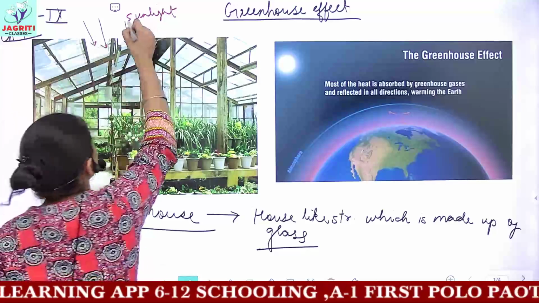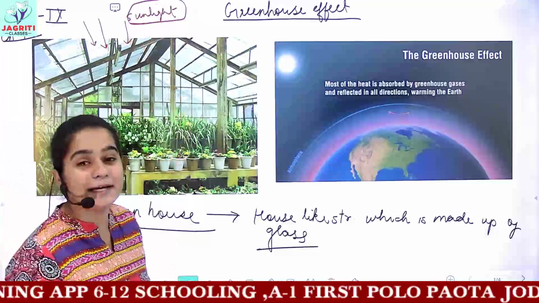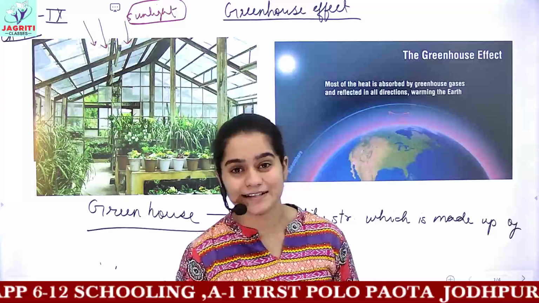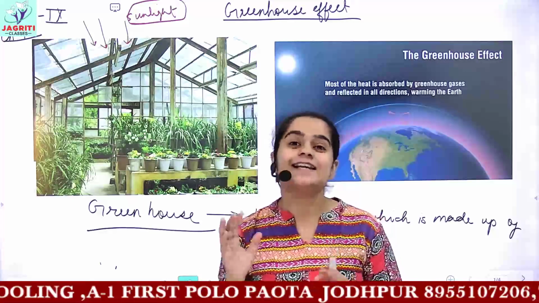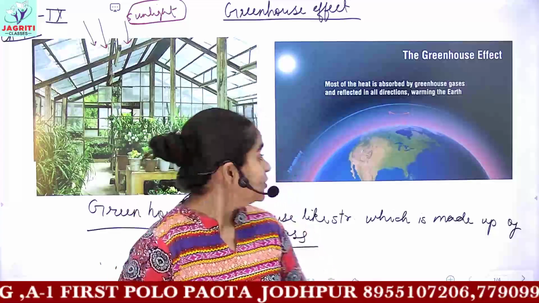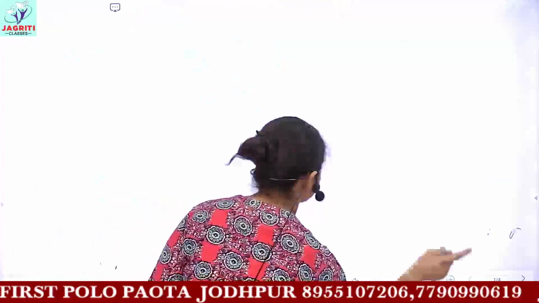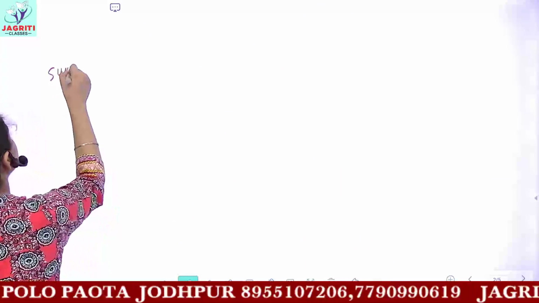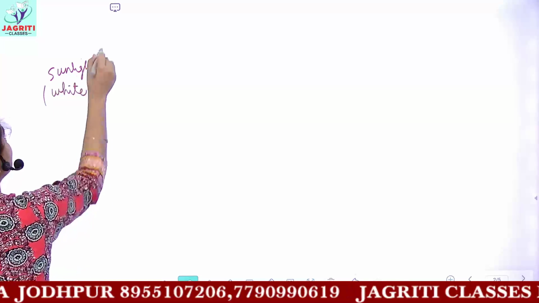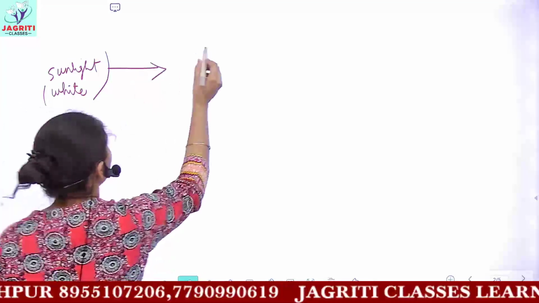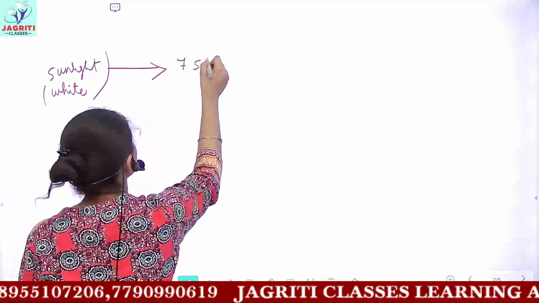If you can see that sunlight, we all know it is a white light which is composed of 7 colors. And the 7 colors which the white light is composed of, these are arranged in a pattern of Vibgyor. So we can say that this sunlight, which is white in color, is actually made up of 7 colors.